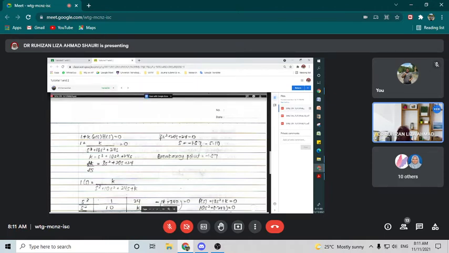The one that is possible to be the breakaway point should be in between. The poles just now are at 0, -4, and -6, so it should be in between 0 and -4. Obviously it is negative 1.57. That's correct. Good.